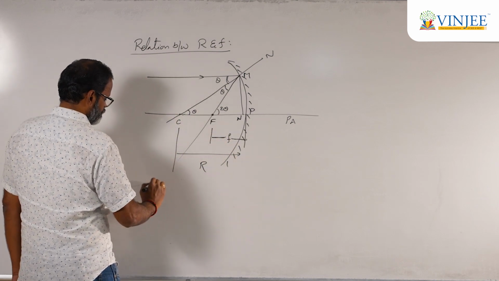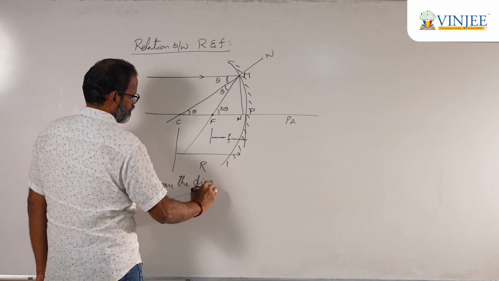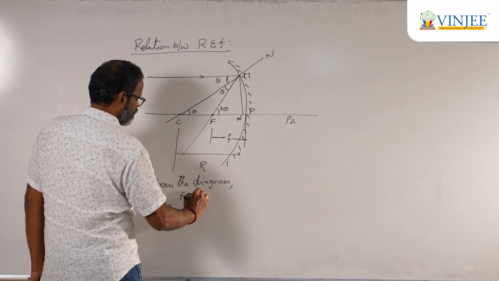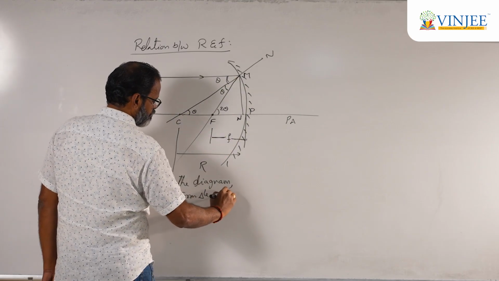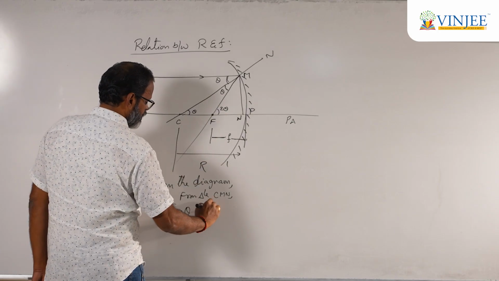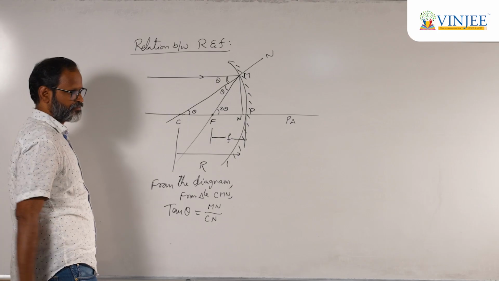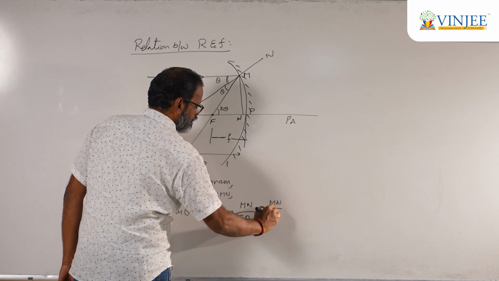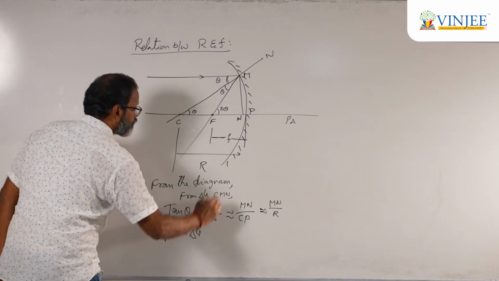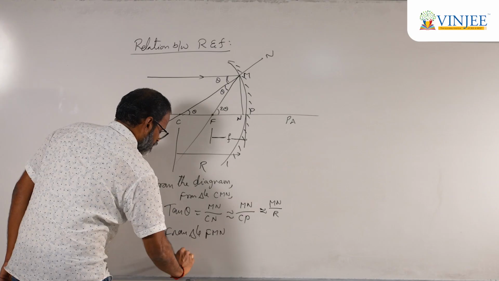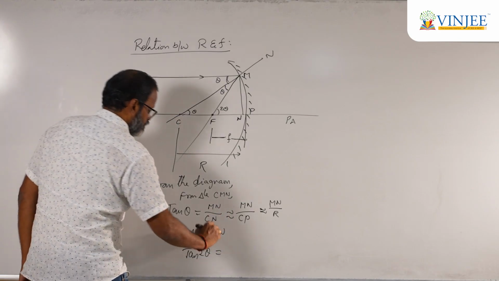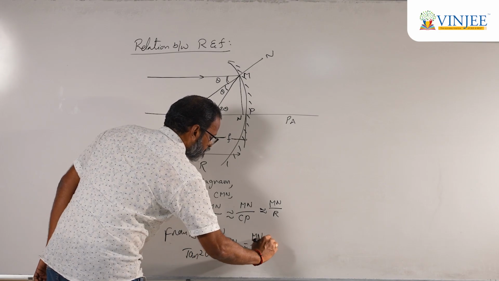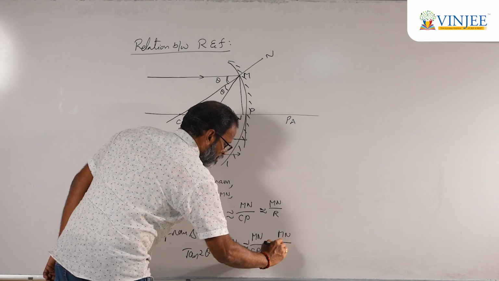From triangle CMN, tan theta is equal to the opposite side MN divided by the adjacent side CN, which is approximately MN divided by CP, nearly equal to MN by R. From triangle FMN, tan 2 theta is equal to the opposite side divided by the adjacent side FN, that is MN by FP, nearly equal to MN divided by f.